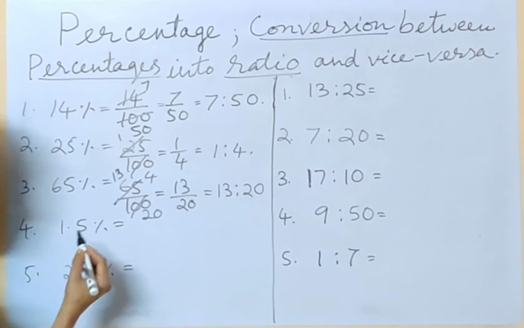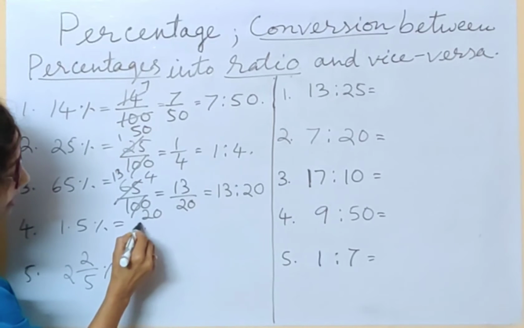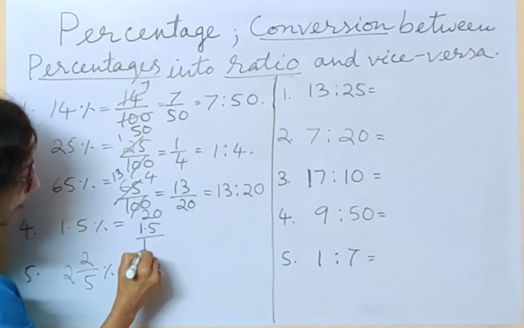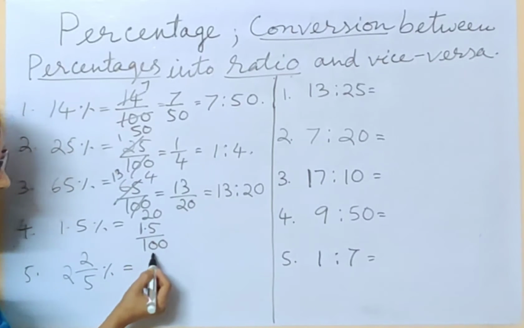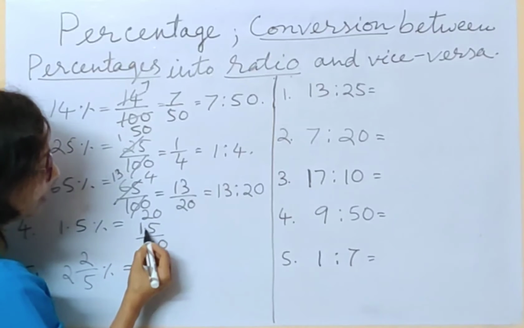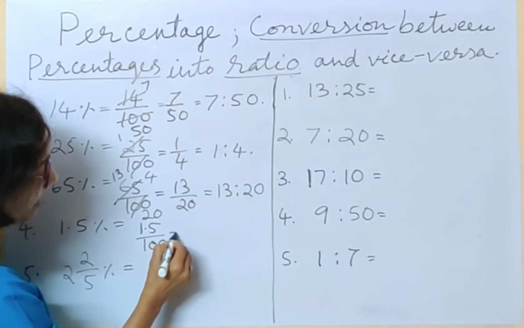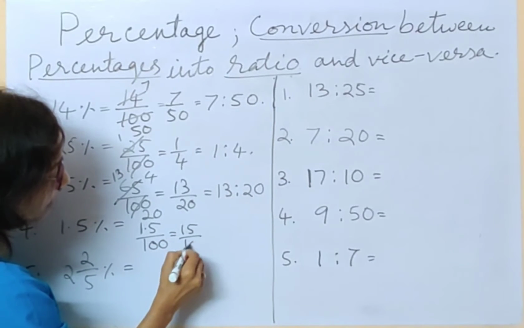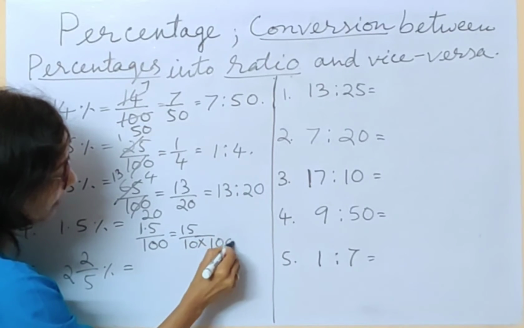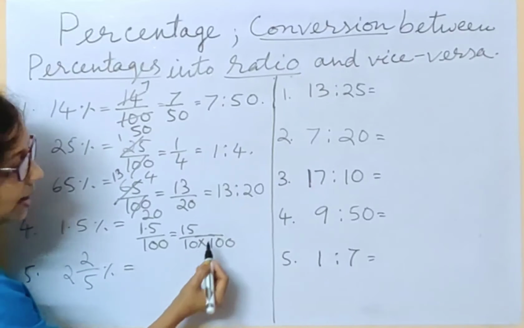Now 1.5%. 1.5%, it is 1.5 by 100. First you will write as percent and then you have to remove the decimal point. So for that it will go like that, 15 by 10 into 100.